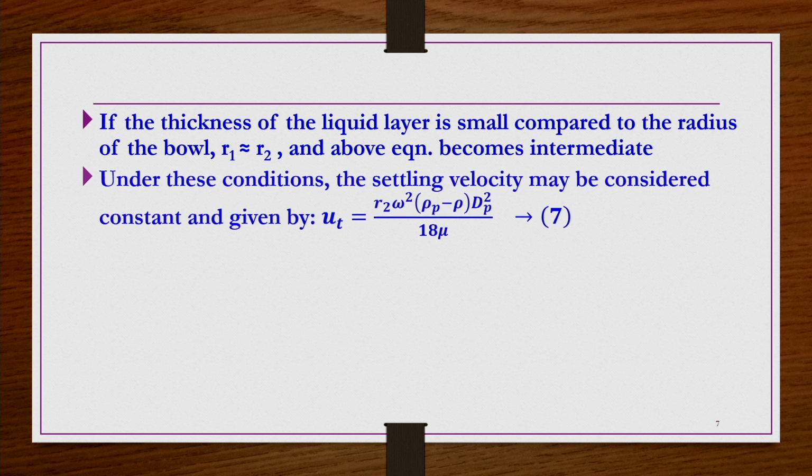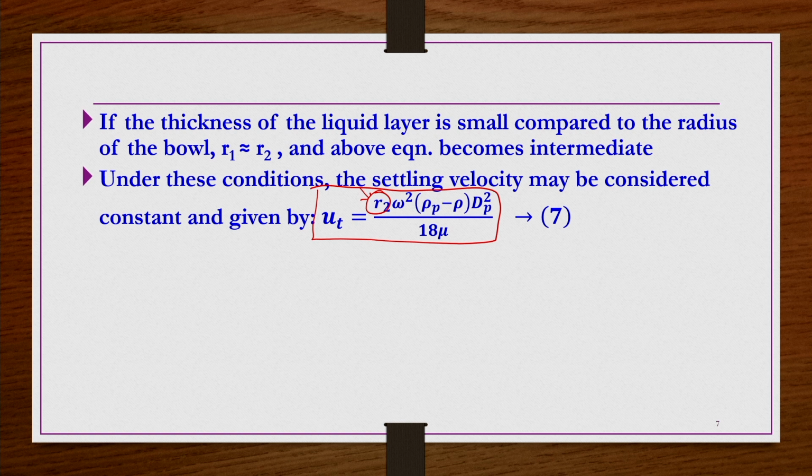So how do we overcome such a situation and develop an appropriate volumetric flow rate equation? We are going to see that now. If R1 is approximately close to R2, then the settling velocity of the particle within the centrifugal field can be written as R2 omega square dp square (rho p minus rho) by 18 mu. Earlier we wrote R, which is some location between R2 and R1 within the liquid layer.